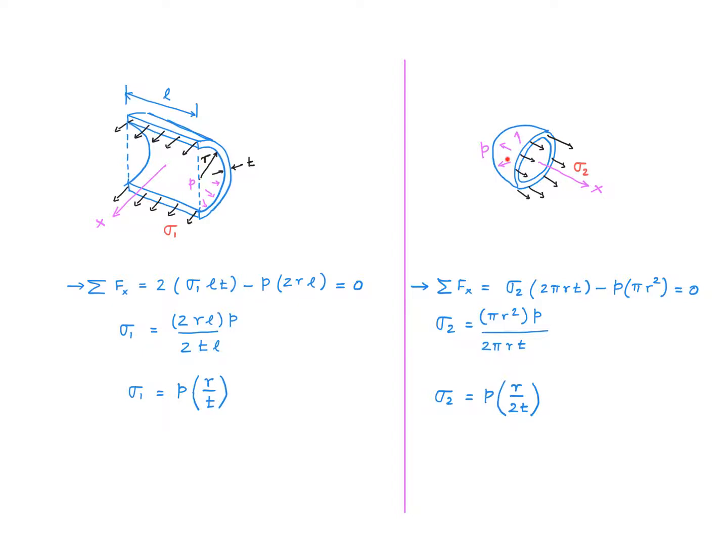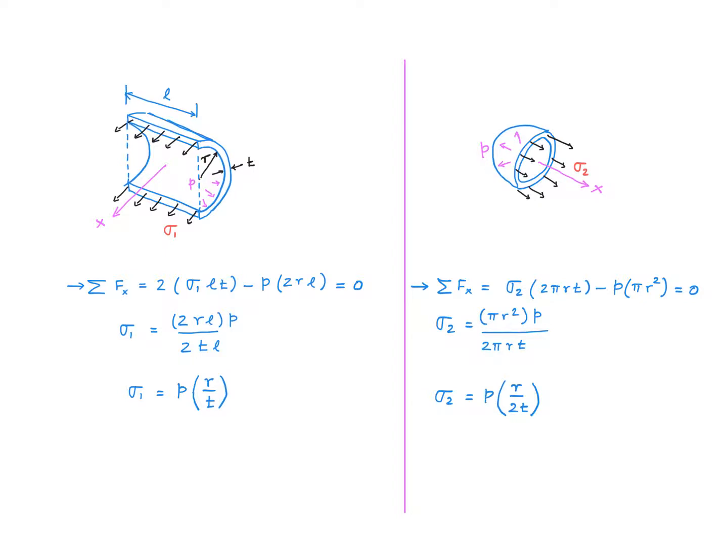Following the same approach, we derive an expression for sigma 2 over here on the right column. I'm defining the x-axis to be perpendicular to this plane right there. The force due to sigma 2 in the x direction would be sigma 2 multiplied by the area of the walls as you go around the circumference there. That will be 2 pi r multiplied by little t.